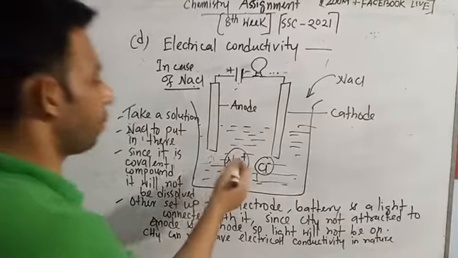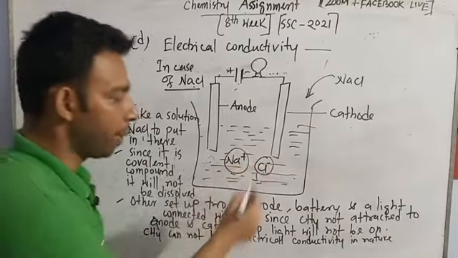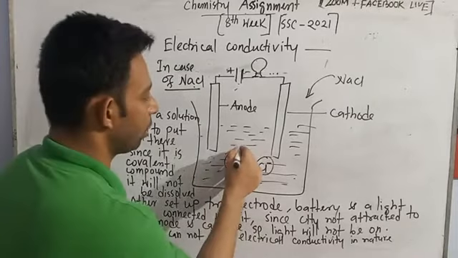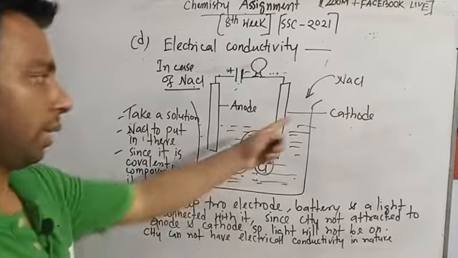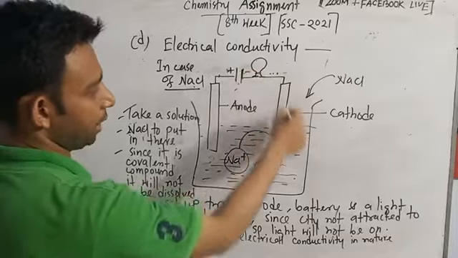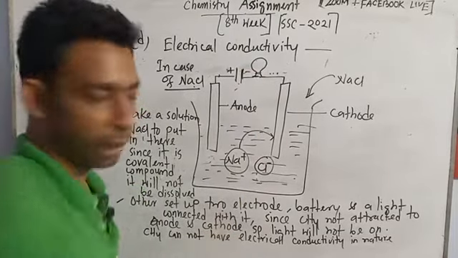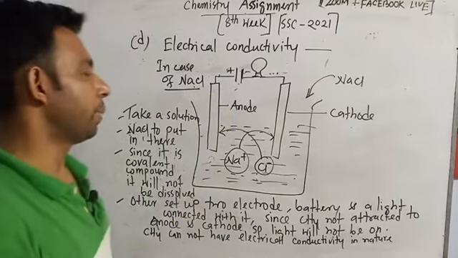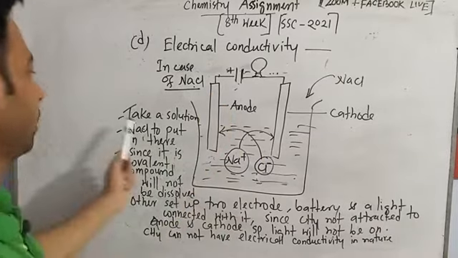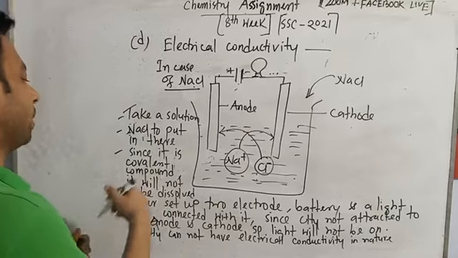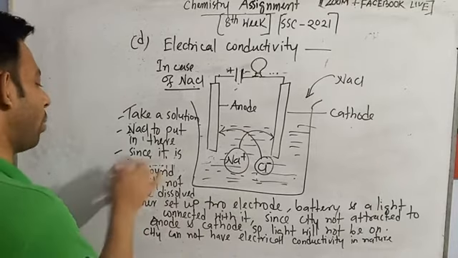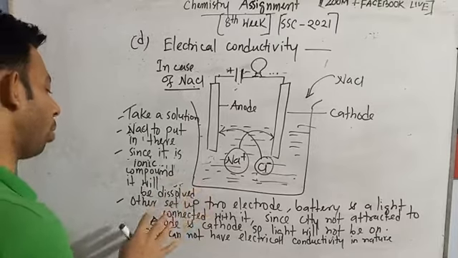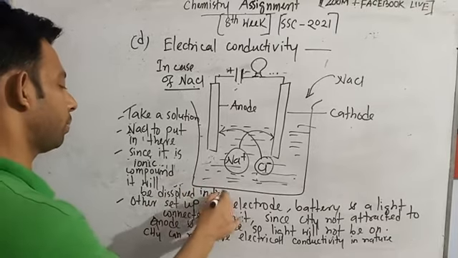Since positive and negative ions are created in sodium chloride, the positive ion is attracted to the cathode, the negative electrode, and the chloride ion is attracted to the positive electrode. Since it is an ionic compound, it will be dissolved in that solution.